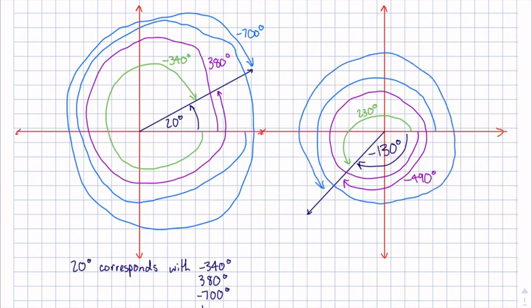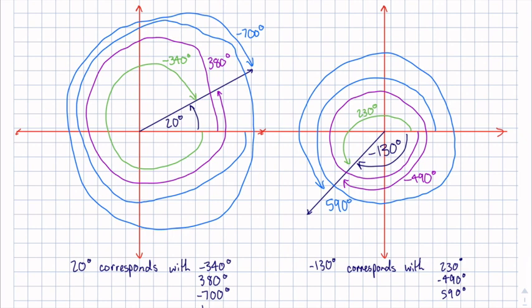Which gives me 230 plus another 360, 590. So negative 130 degrees corresponds with 230, negative 490, and 590.